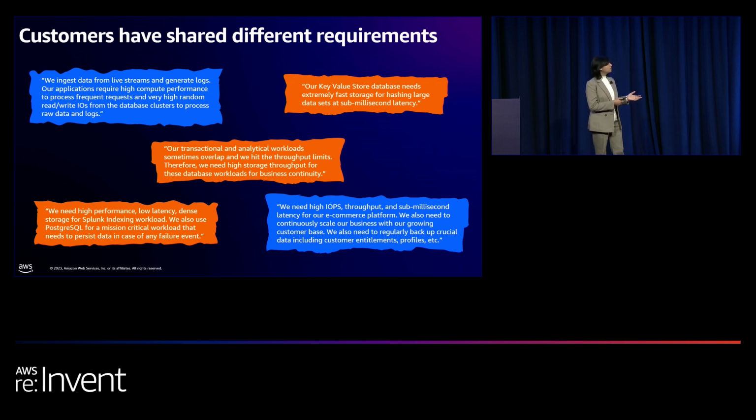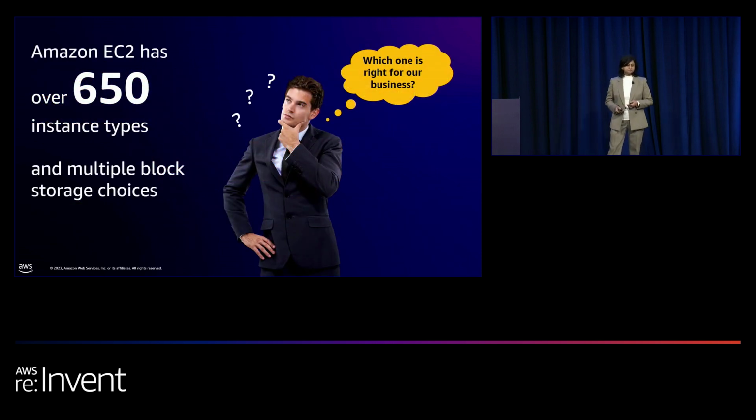That's why they want to make sure that whatever block storage solution they're looking for is the right one, and that it gives them all the things that they are looking for. While I showed these examples, I'll go over some of them towards the end of the presentation to give you an idea about what they did for their needs and what they actually ended up picking.